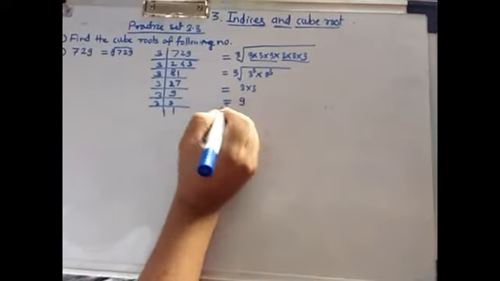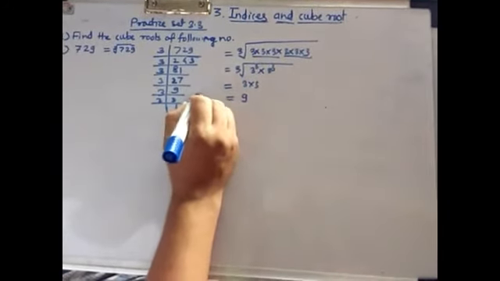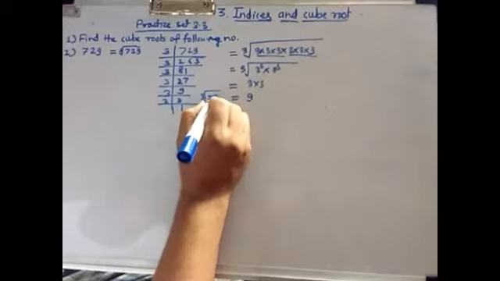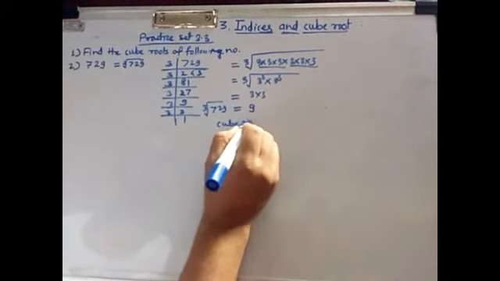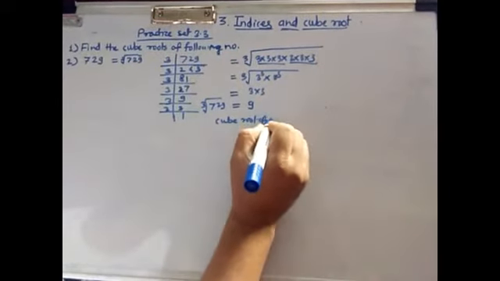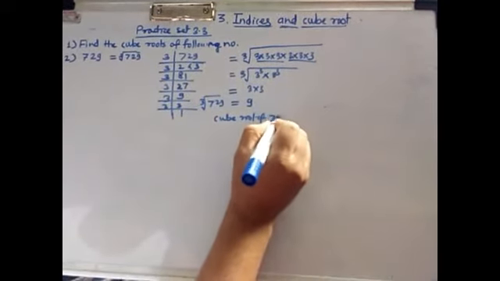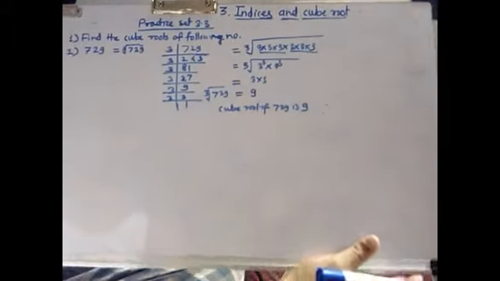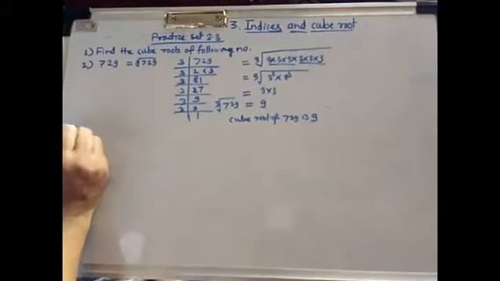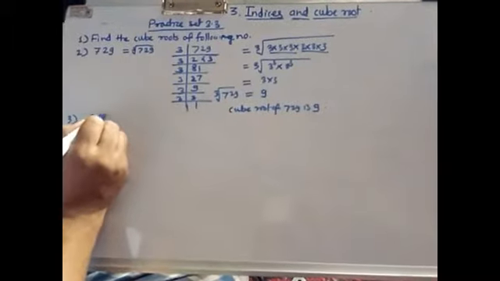Our answer is that the cube root of 729 is 9.